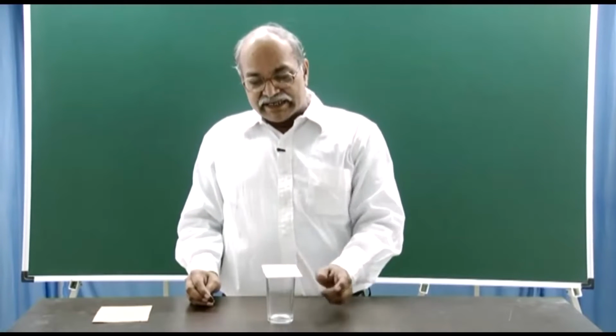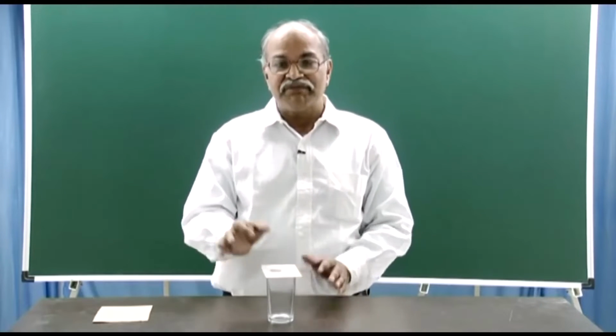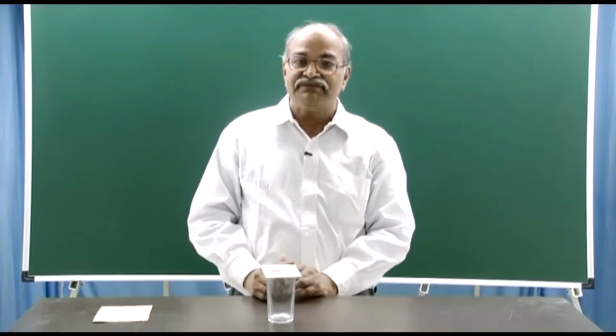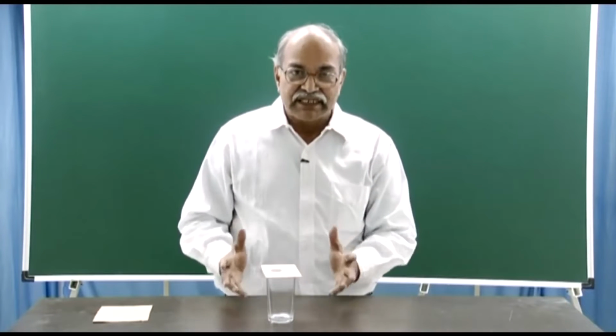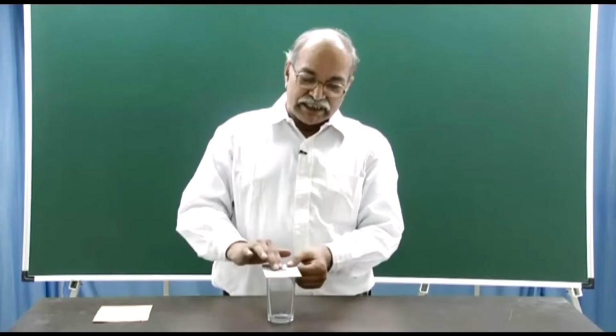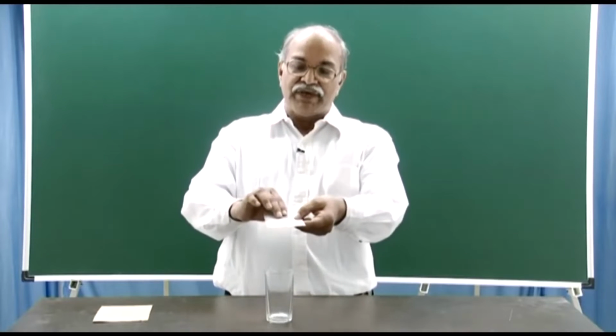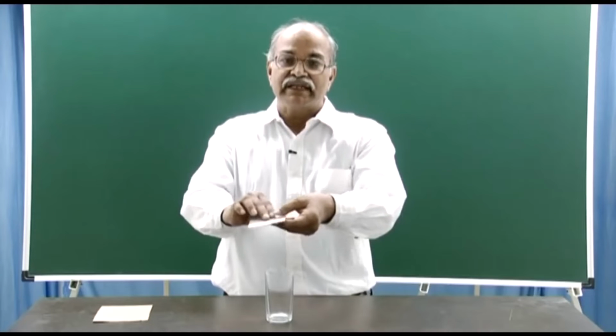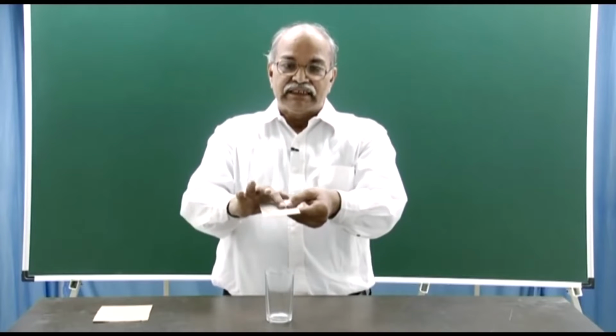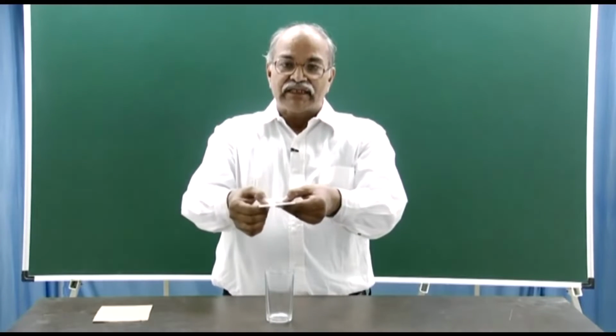So, let us understand it with the help of the friction that we have discussed. The qualitative part is that once this card starts moving in the forward direction because of the flick, there is relative slipping between the coin and the card.